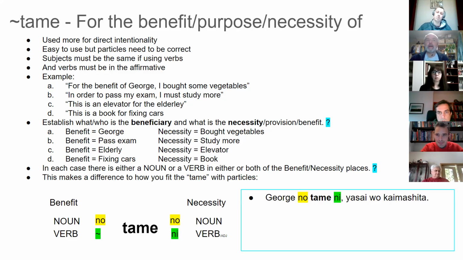Nazca, would you like to do the second one? In order to pass my exam, I must study more. 試験受かる？審査の受かる？審査を受かるために、もっと勉強する必要があります。 Good.